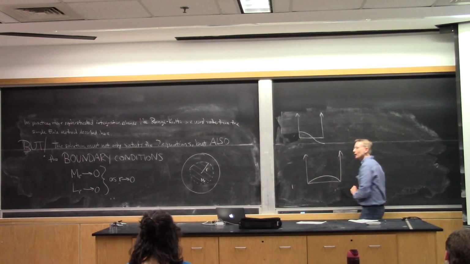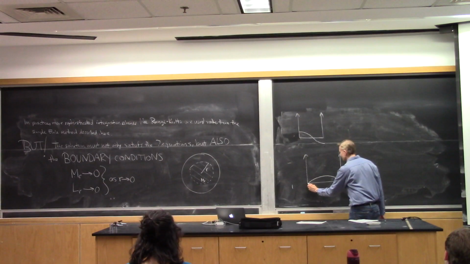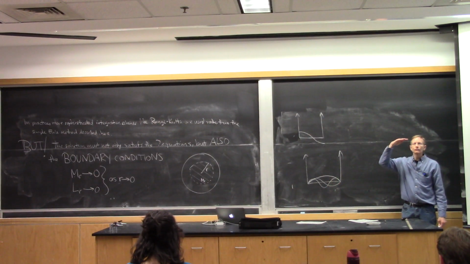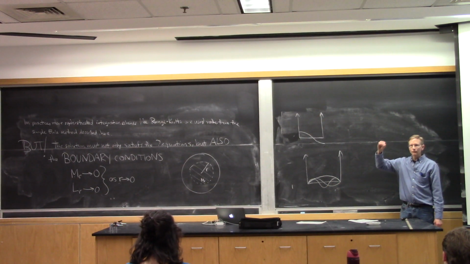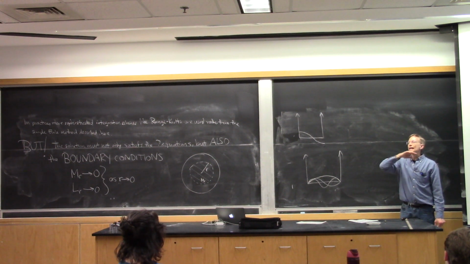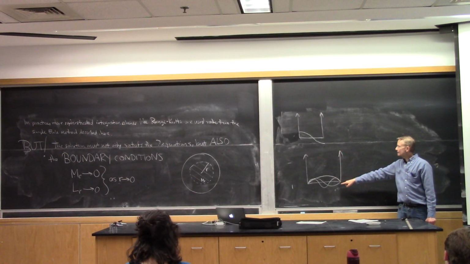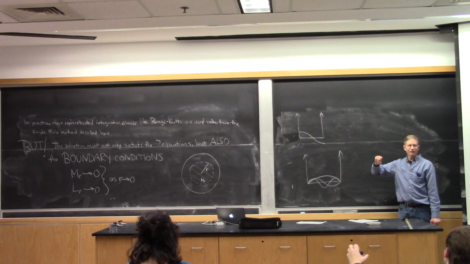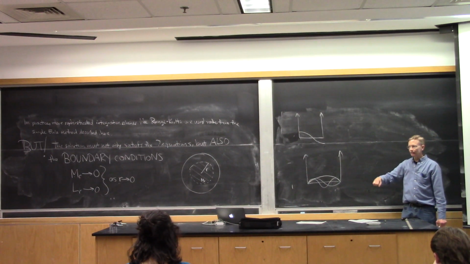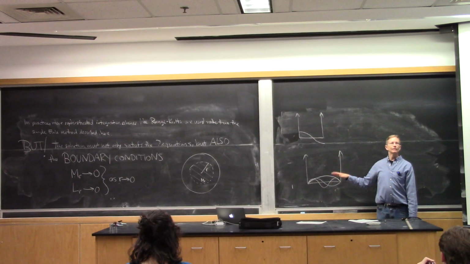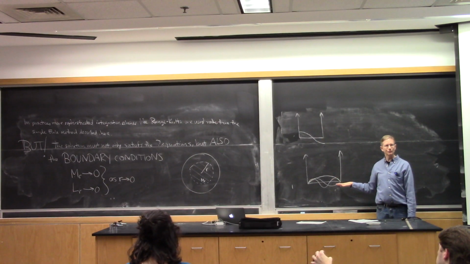There's the one hump solution, so to speak, and the 2 hump solution, and the 3 hump solution, and so forth. All those discrete solutions with different energies arise not from the Schrödinger equation itself. Every energy is a solution inside the well, but only these specific solutions meet the boundary conditions and therefore are allowed solutions. So it's the boundary conditions that put the quantum into quantum mechanics, is what I'm saying there.